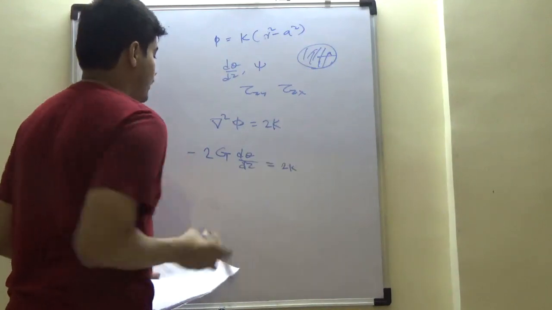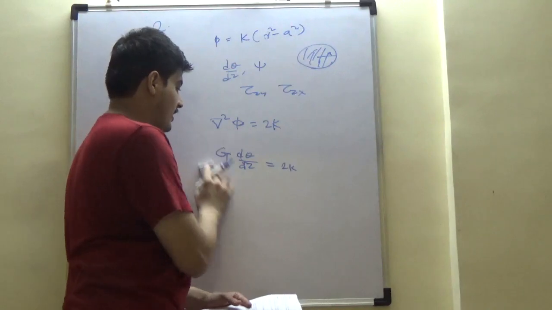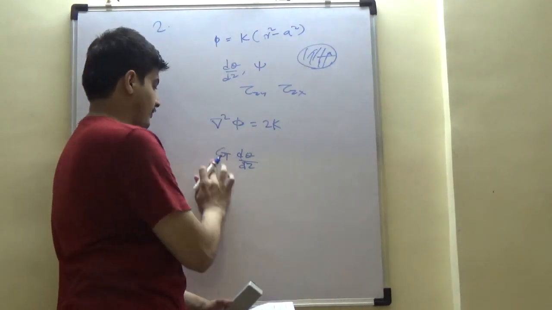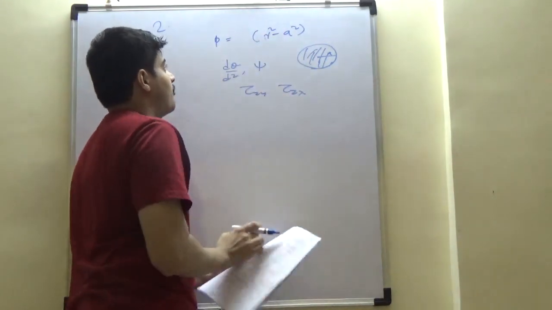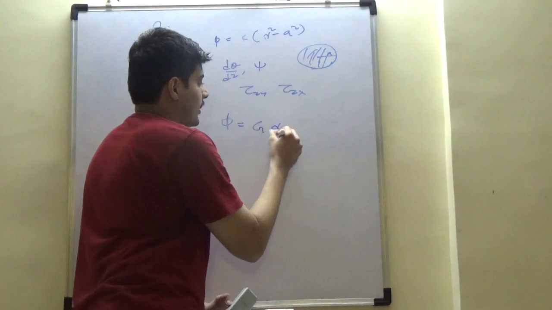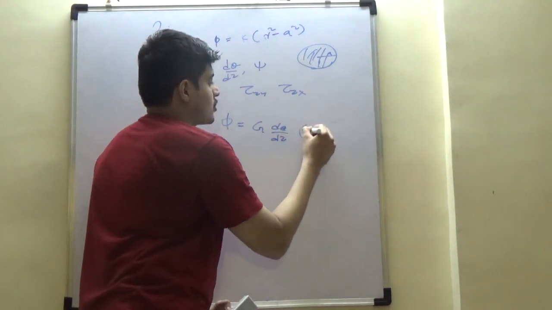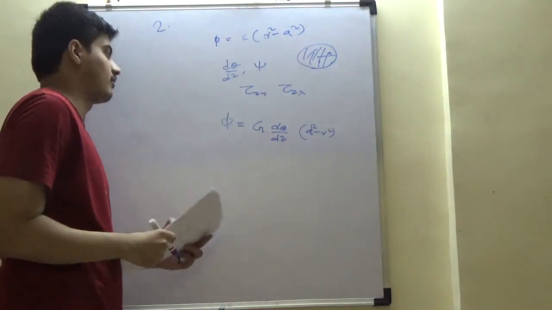So the constant of integration is known, right? We also know that if this is the case, G d theta by dz is k, I can substitute this here. So my phi becomes G d theta by dz (a² − r²), because see the negative sign, it was minus of this.